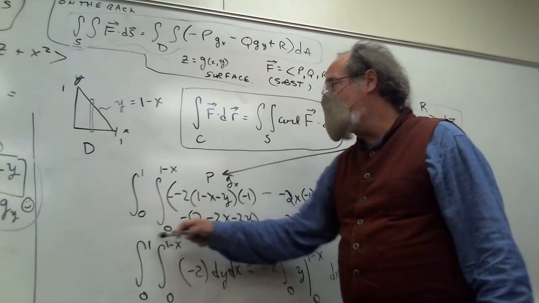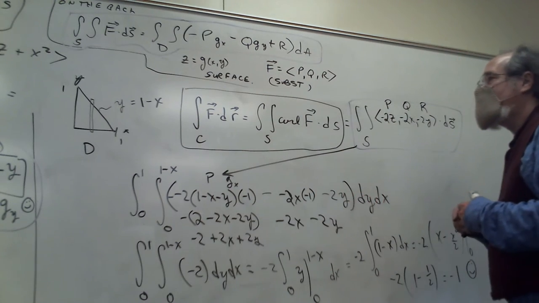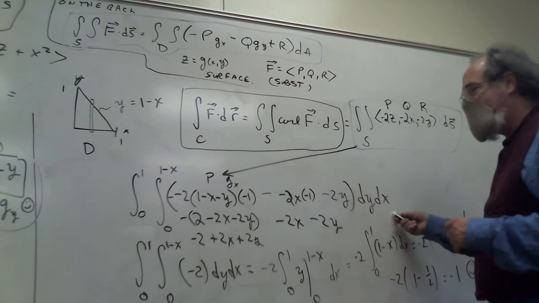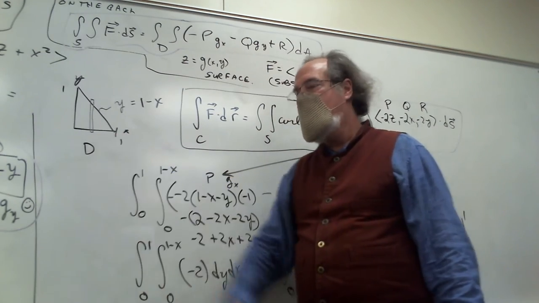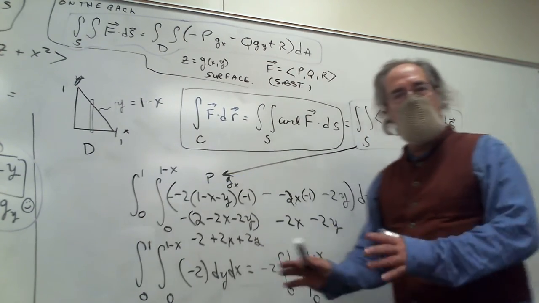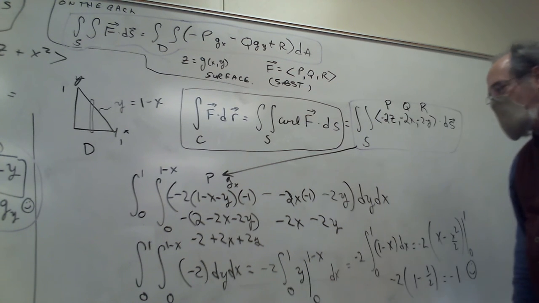This is describing the domain. Remember, my triangle is tilted in space, but I'm doing dy dx, so I care about the domain of that tilted triangle, which is this baby. So that's where I get the 1 minus x, from describing the domain, this little triangle. The rest is just a double integral from Calc 3.